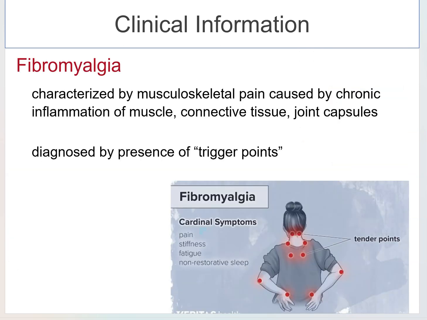Okay, fibromyalgia, this is a kind of interesting disease. It's just chronic pain. And so the muscles are inflamed. It affects the connective tissue and the joint capsules. I don't think they're sure exactly what triggers it, but we do know there are trigger points on the body that are usually very, very sore. And so usually they can diagnose it based on that and the patient's symptoms.